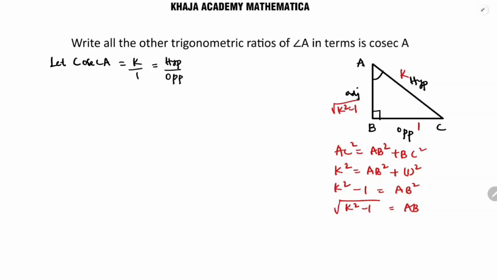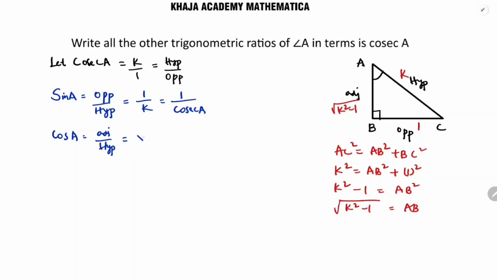So now I'll write the other ratios. Sin A is opposite by hypotenuse. Opposite is clearly from here, opposite is 1 and hypotenuse is k. So 1 by k, wherever is k, just write cosec A. Cos A is adjacent by hypotenuse.